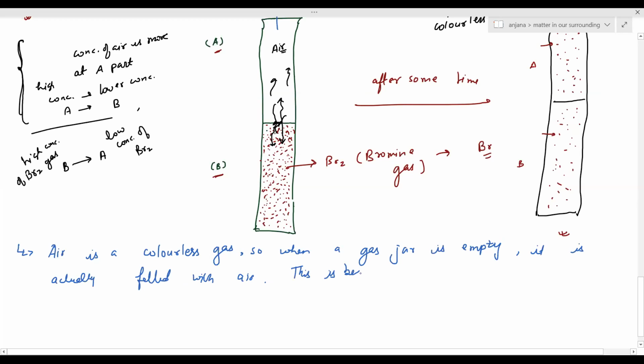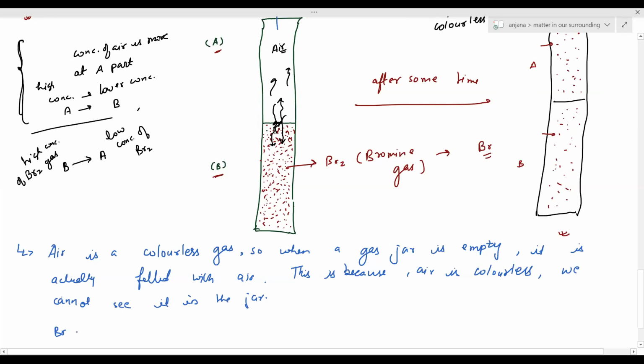This is because air is colorless. We cannot see it in the jar.